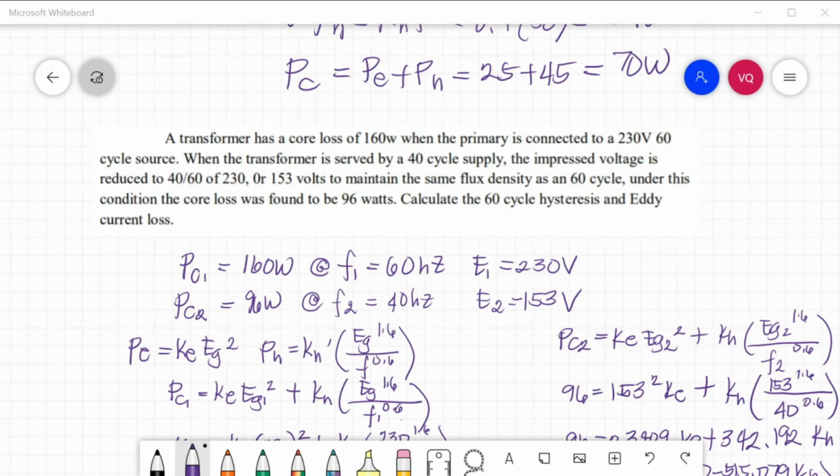Second example. A transformer has a core loss of 160 watts when the primary is connected to a 230 volt, 60 cycle source.